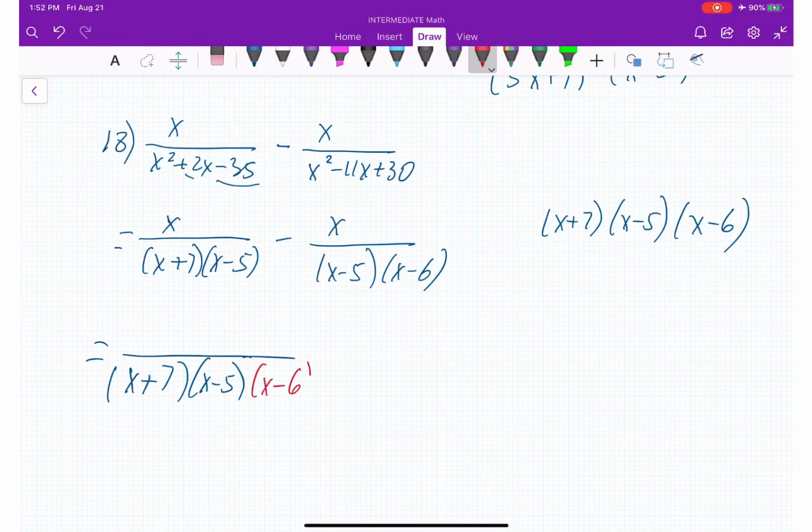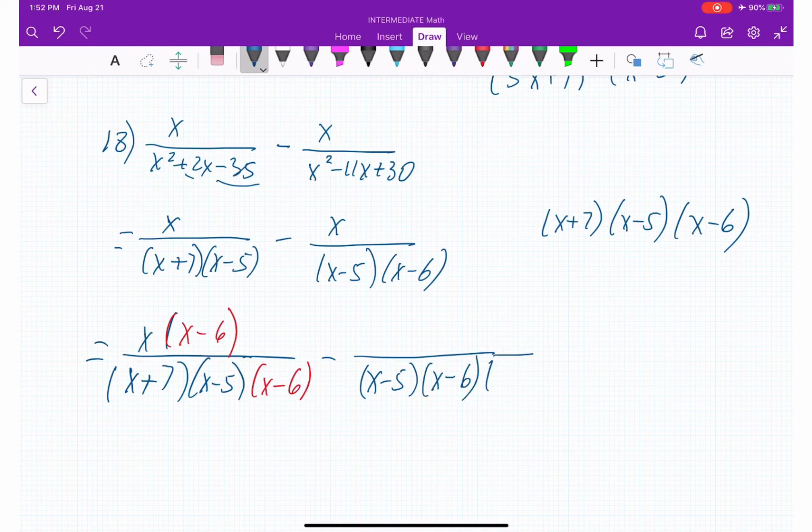x minus 6. Which means in the numerator, I'm going to have x times (x minus 6). Next, minus (x minus 5)(x minus 6) times, what is missing here? x plus 7. So it's going to be x plus 7.